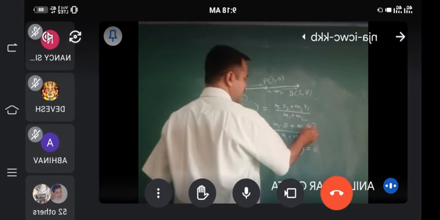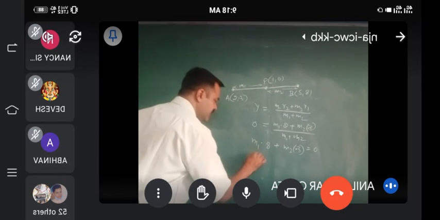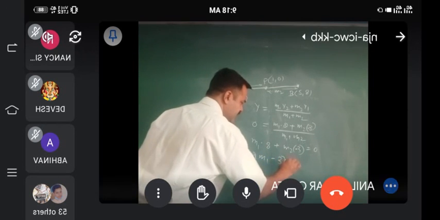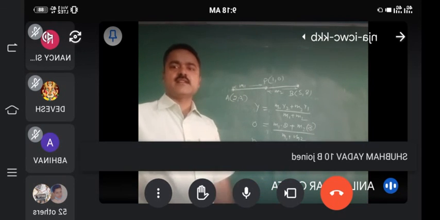So M1 into 8 plus M2 into minus 3 equals 0. So this will be 8M1 minus 3M2 equals 0. Transpose minus 3M2 to the right side.